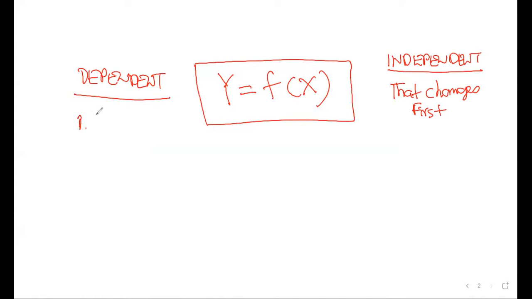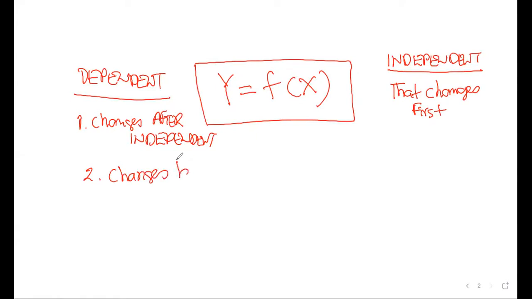One, it changes after the independent variable. Two, it changes because of the independent variable. This is how we develop the relationship.